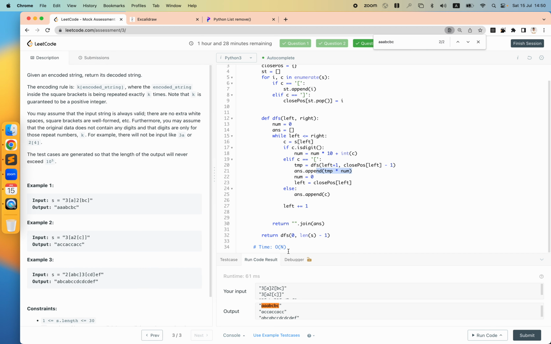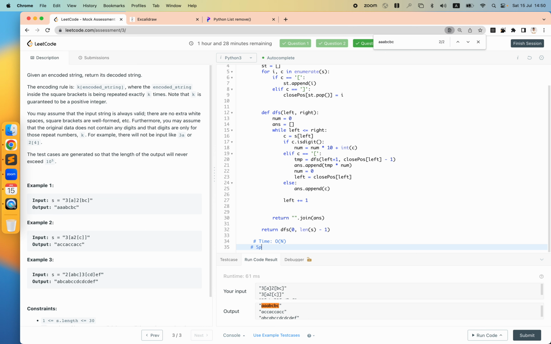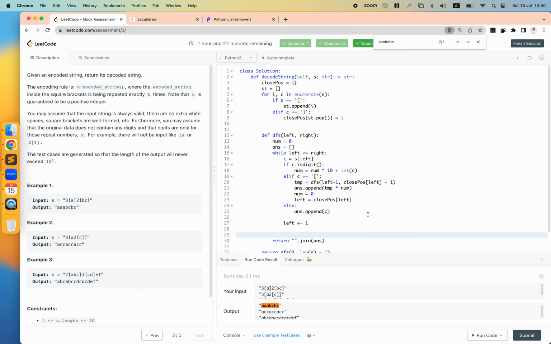So it's up to the space here, like the output, because we do multiply here. So the output, this one. Yes.